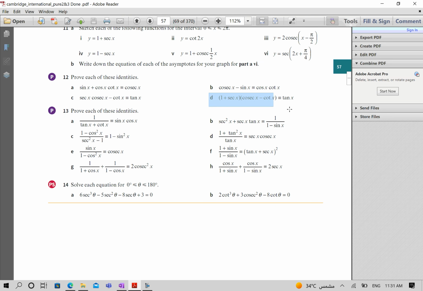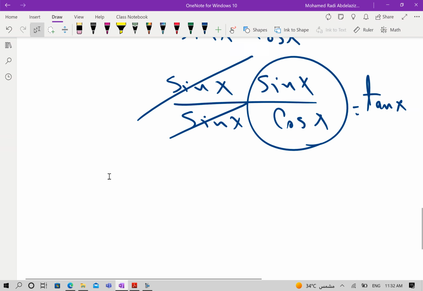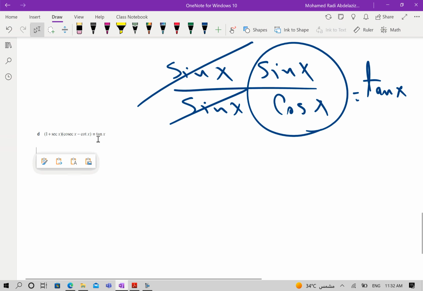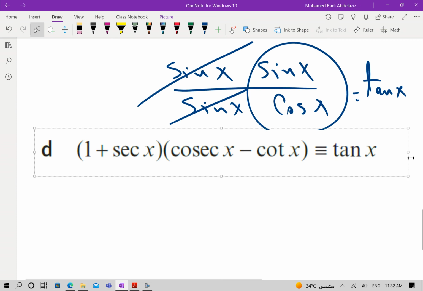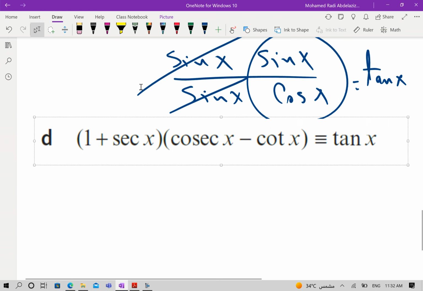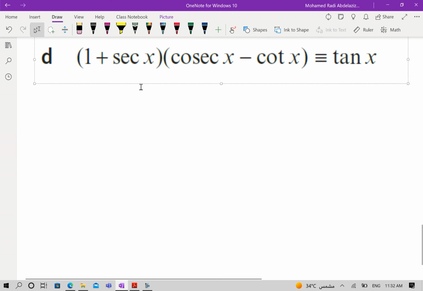Be ready for part D. Yalla, start part D. Start to do any step. 1 plus sec, you can remove sec and write 1 over cosine.